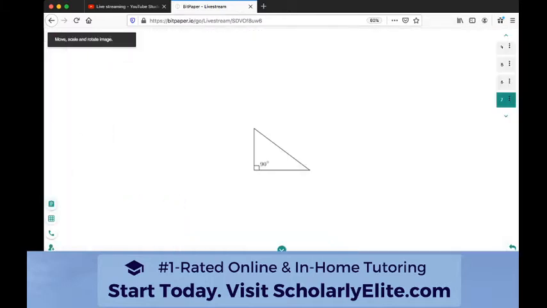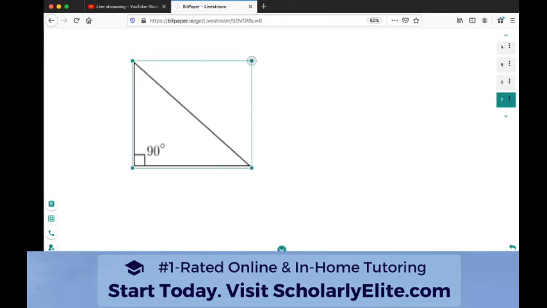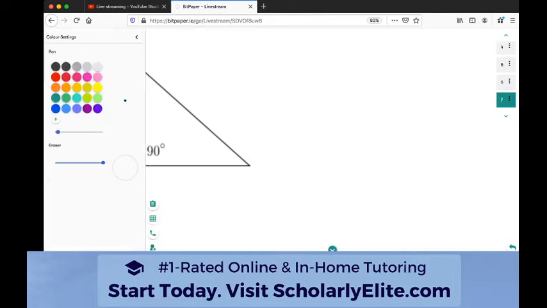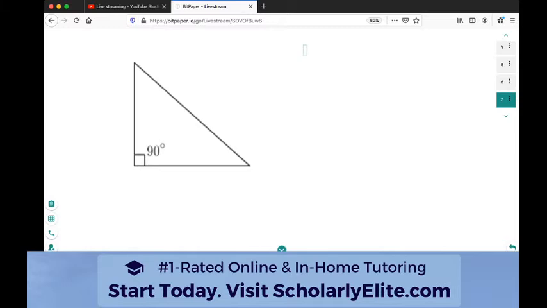So last week we were learning about right angle triangles and the rules that apply to the right angle triangles. And what those rules, or not rules, but identities as we call them, can be referred to as is SOHCAHTOA.